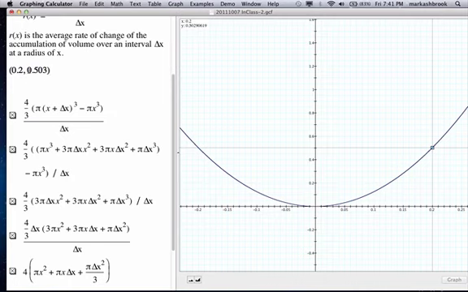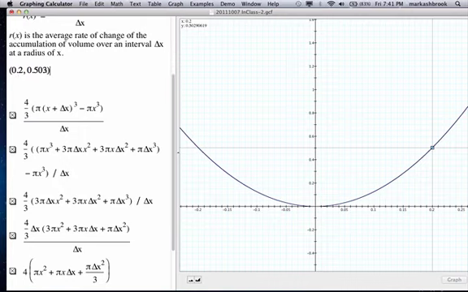This is not the volume of the sphere, but the rate of change of the accumulation of volume. So this is the rate of change of the accumulation of volume. And so what would the units be of that? How fast the volume is changing? That's going to be in inches cubed per inch of change in radius.